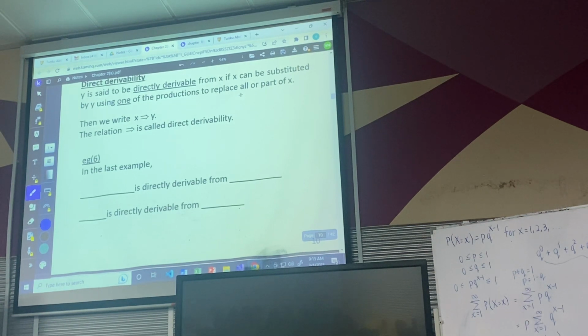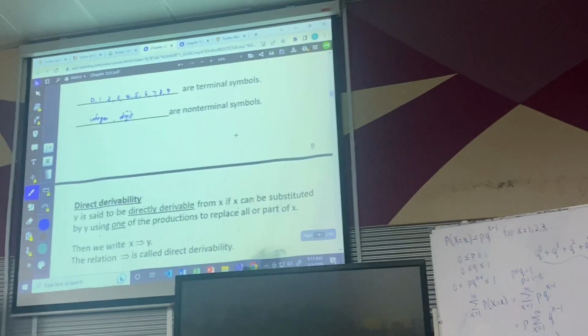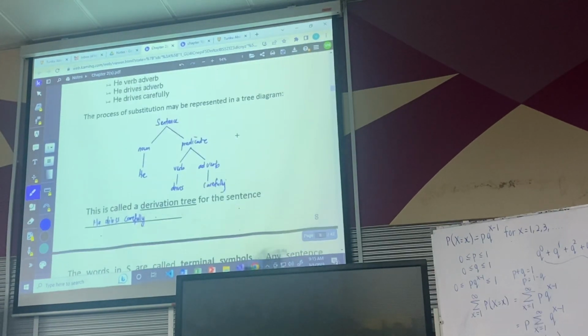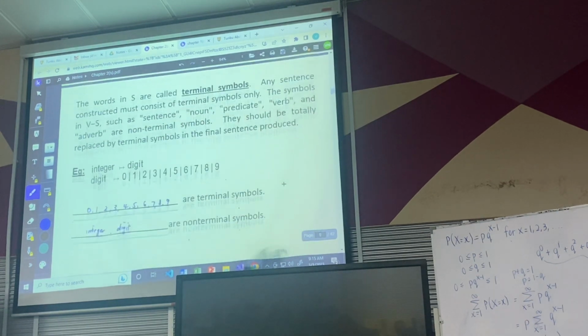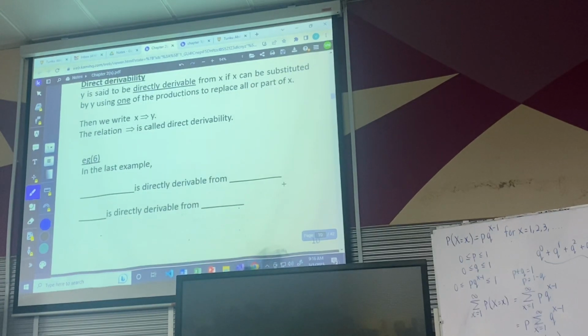Put any example, referring to the example just now. You can say drives is substituted from verb, and verb, adverb is directly derivable from where? How do we get verb, adverb?